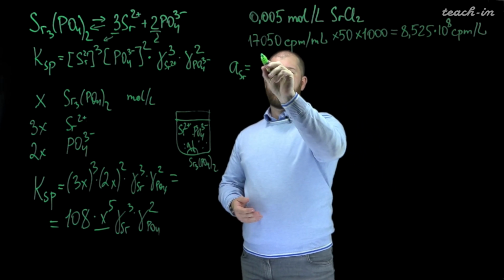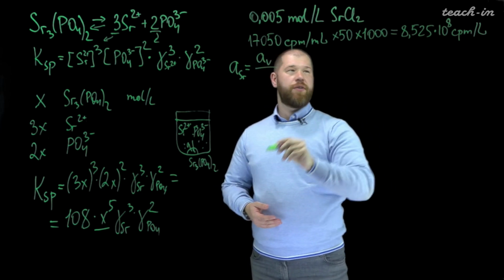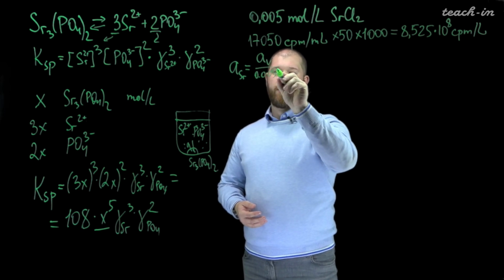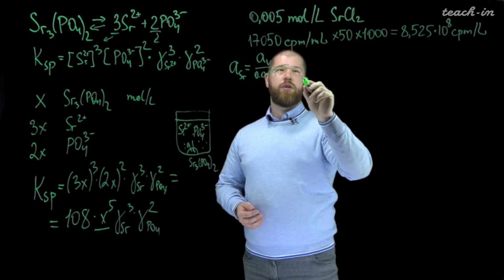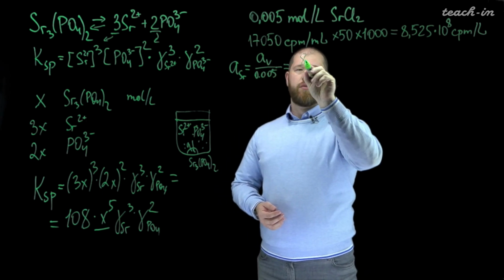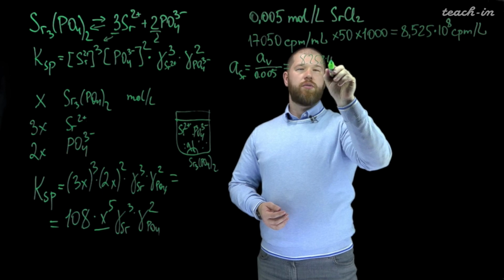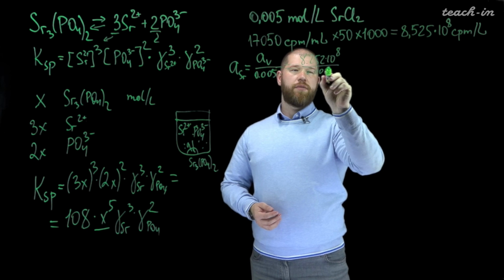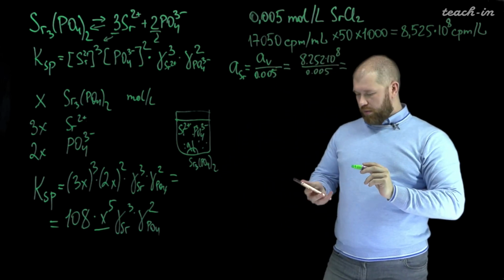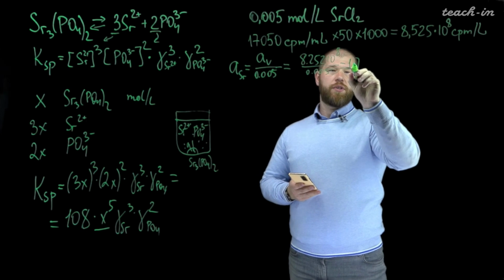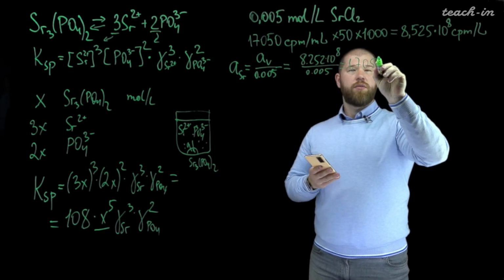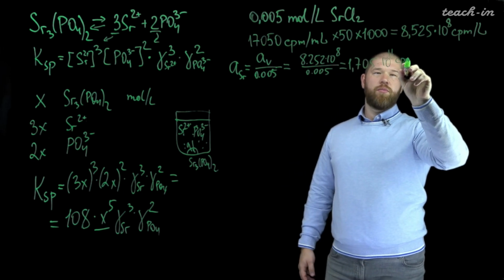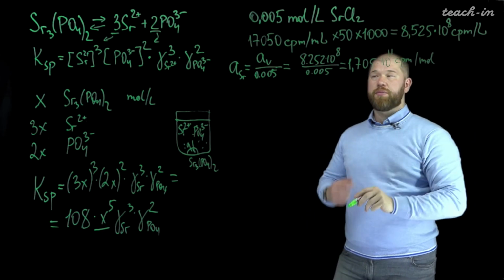Thus, we can simply divide the volume activity of the solution by the concentration of the strontium chloride. So it will be 10 to the 8 divided by 0.005. Thus, we will have 1.705 times 10 to the 11 CPM per mole of this sample.